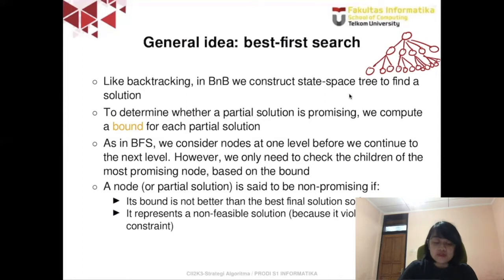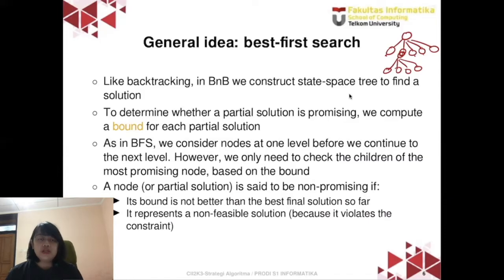But in best first search, after we are done with one level, we search for which one gives us the best result. Let's say this one, so we only continue with this node. A node or partial solution is said to be non-promising if its bound is not better than the best final solution so far.